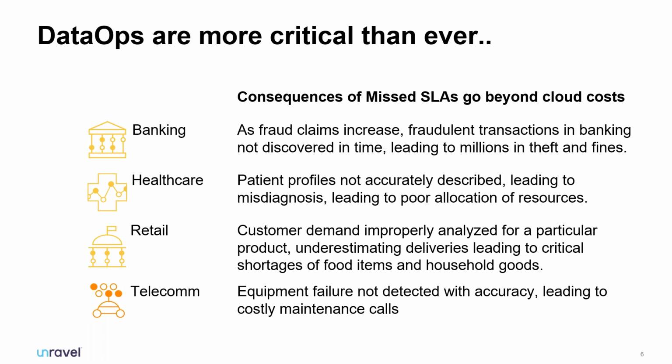So you can imagine the inefficiency that may arise in a field job or a field application could be catastrophic in terms of the poor allocation of resources. So just a few examples that our customers are telling us are the consequences of missed service level agreements.